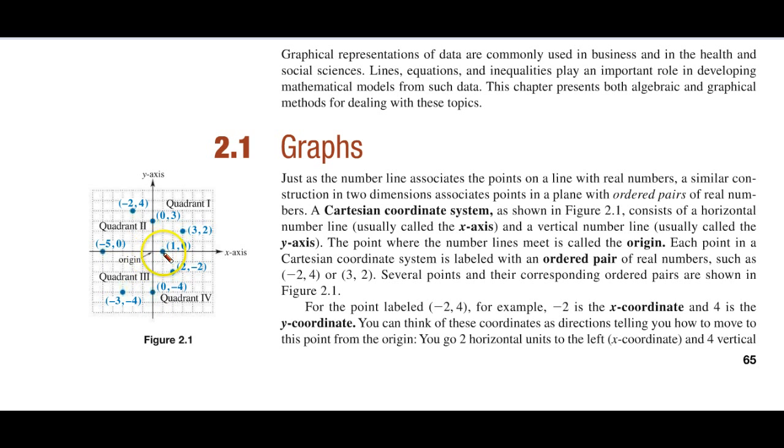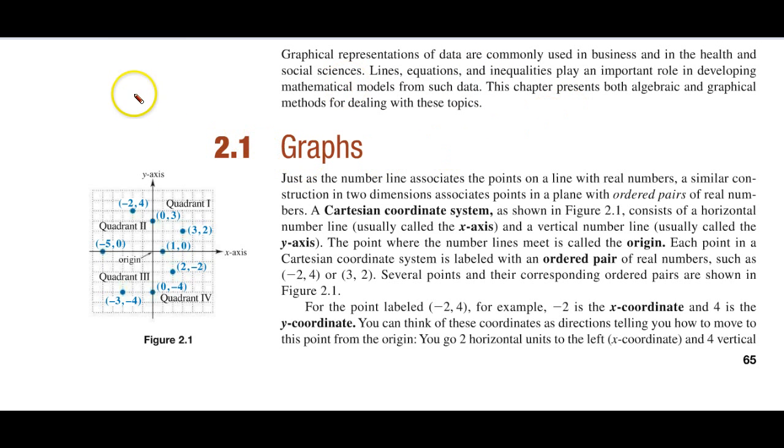Units to the right are positive, to the left are negative, above are positive, below are negative, and we divide the plane into 4 regions or quadrants. So this is the first quadrant, the second, the third, and the fourth. Often they ask us which quadrant something is in.